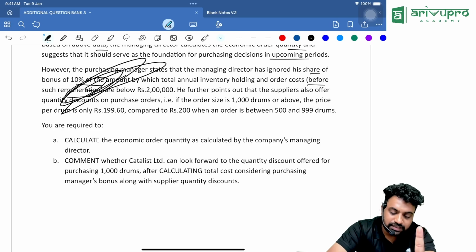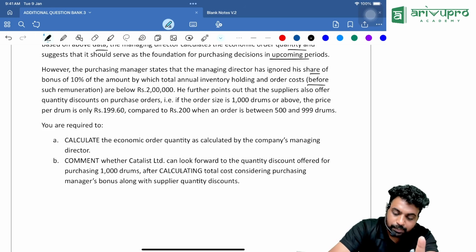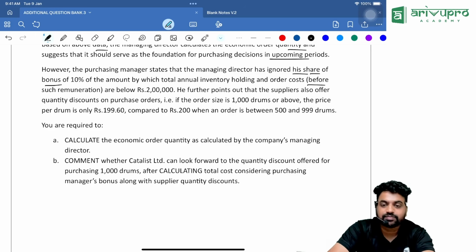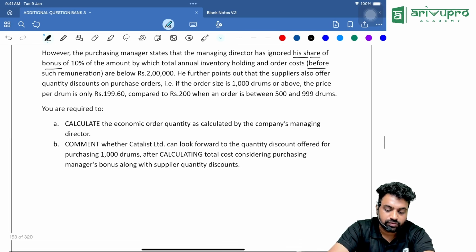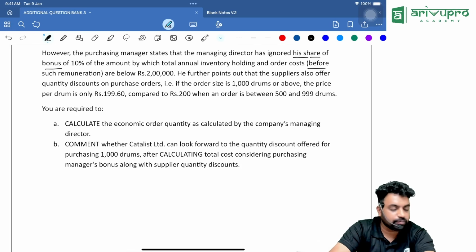However, purchasing manager stated that managing director has ignored his share of bonus. It could not form part of cost because bonus will not come under it, but see there, read carefully.